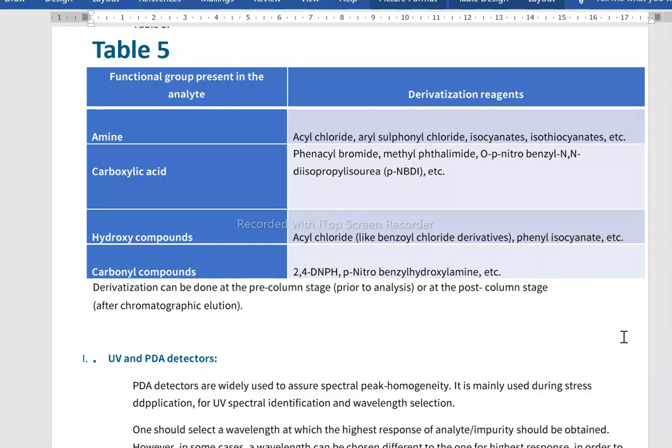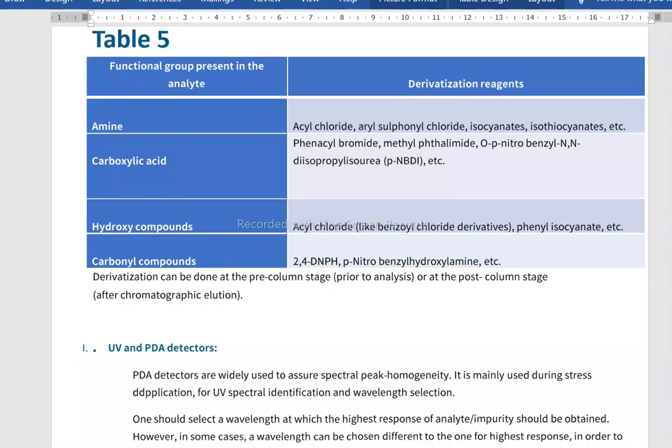Derivatization is mainly done for functional groups such as amine, hydroxy and carbonyl groups. Derivatization can be done at the pre-column stage prior to the analysis, or at the post-column stage after chromatographic elution.